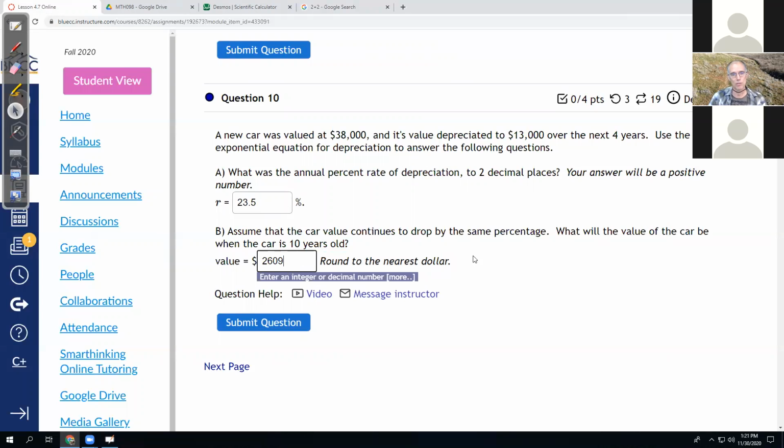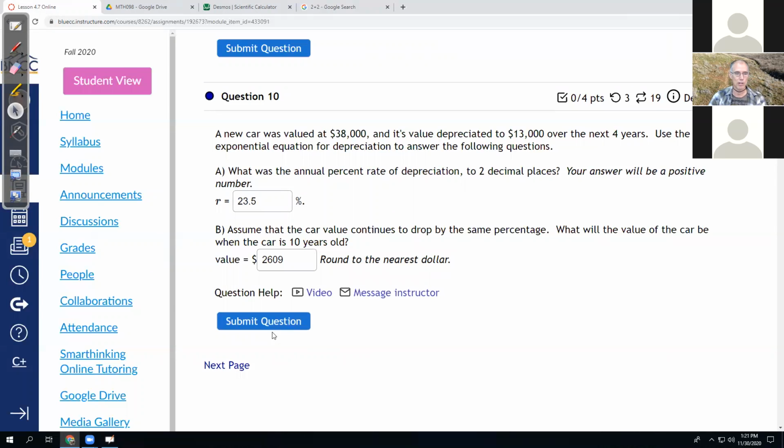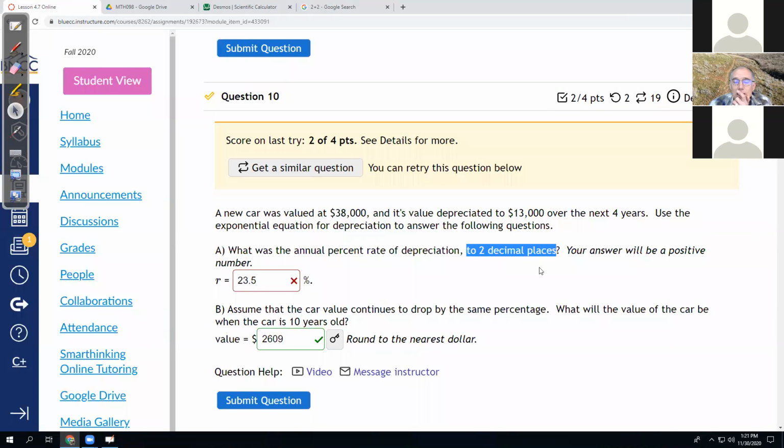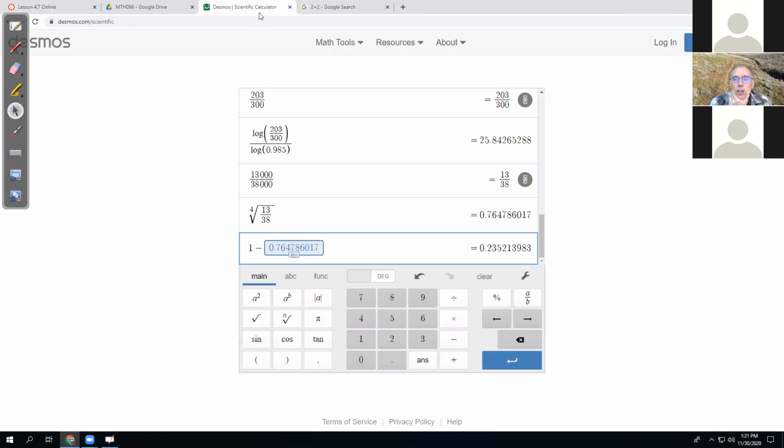Don't forget about the fine print. How should it be rounded, if at all? Oh, what did I get wrong? The 23.5. Oh, it said round to 2 decimal places. See, that fine print got me. Darn you. All right, so I'm lucky I got that last one right. So back here to 2 decimal places, it would have been 0.7648.